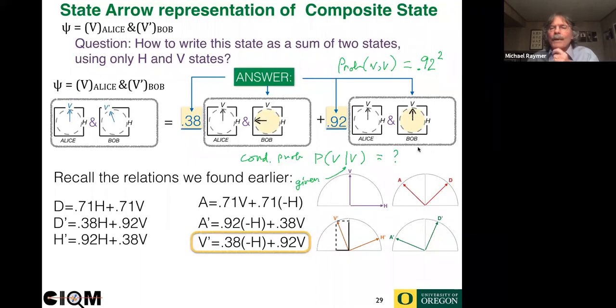So let's say Bob measures V, and then he's going to make a prediction. Given that I just observed V, what is the probability that Alice will also observe V? Well, actually, it's always 1 because everything is V, but the point is that it's no longer 0.92, it's now 1.